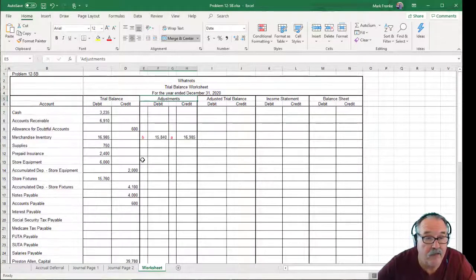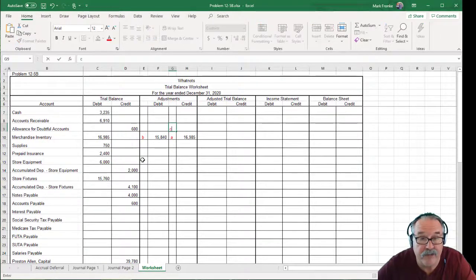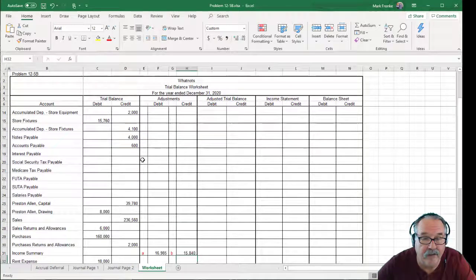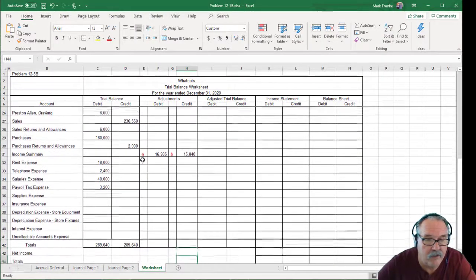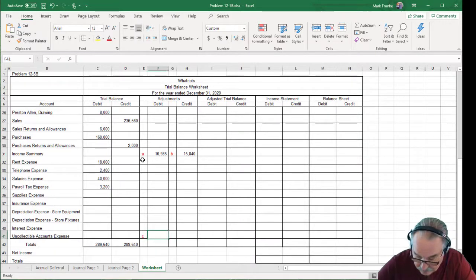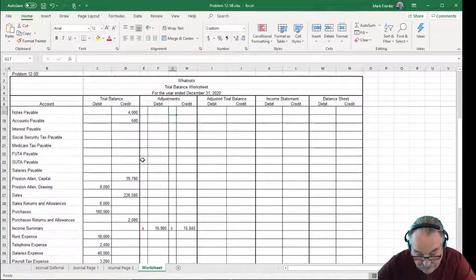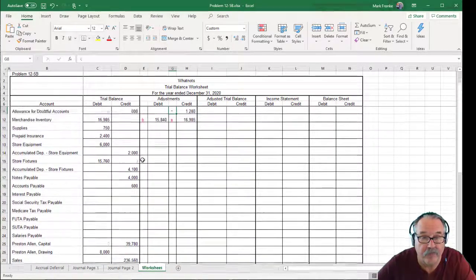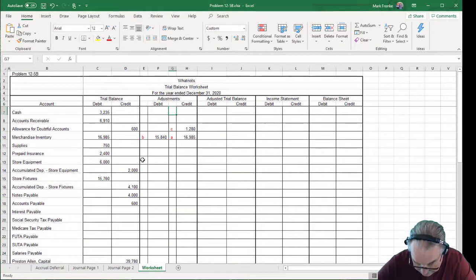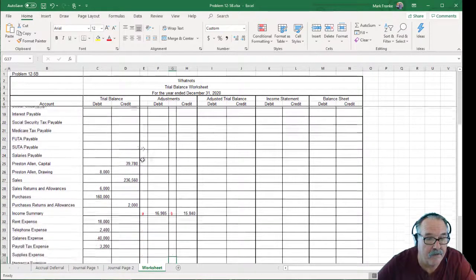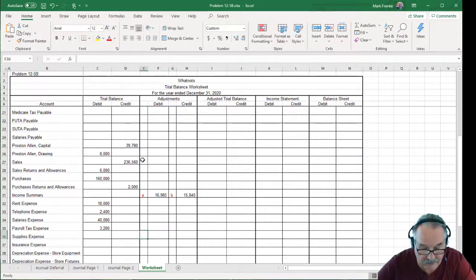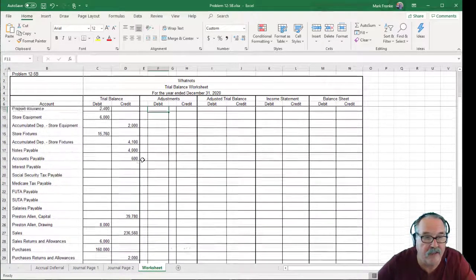Item C is the reserve for the allowance for doubtful accounts. That is a debit to uncollectible accounts expense, $1,280, and a credit to the allowance for doubtful accounts. Item D is a debit to the supplies expense for $505, and a credit to the supplies account.